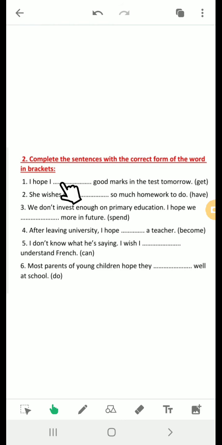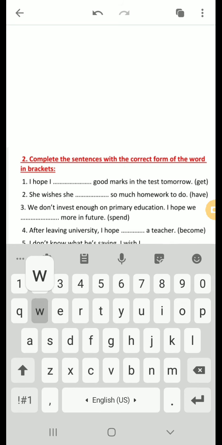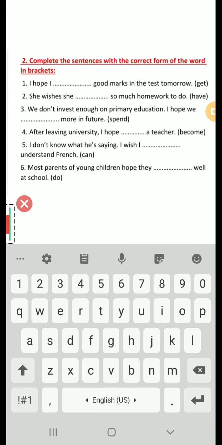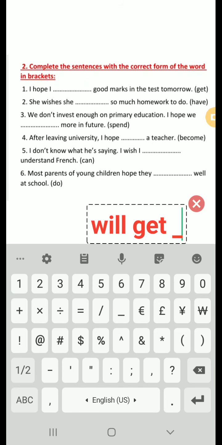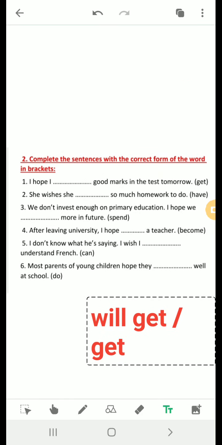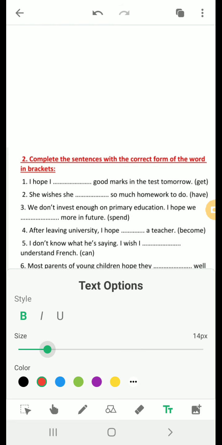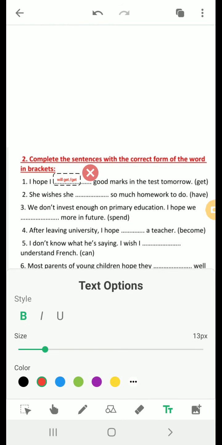After hope we use present simple or future simple, so the answer is get or will get.